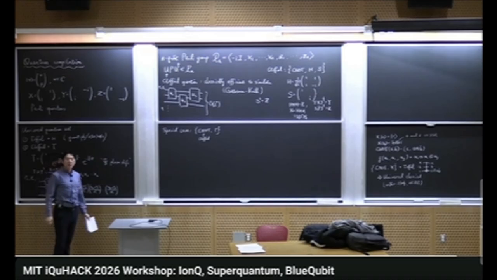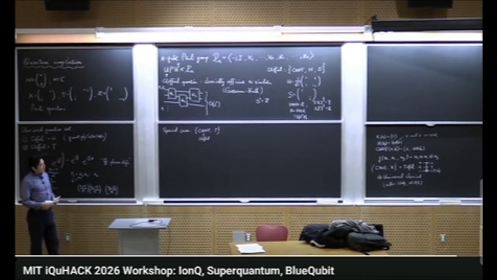Is it still universal if we don't have the H and S Clifford? I actually don't know if it's universal. I think it should still be universal, because this essentially means we're not working with Hadamard.